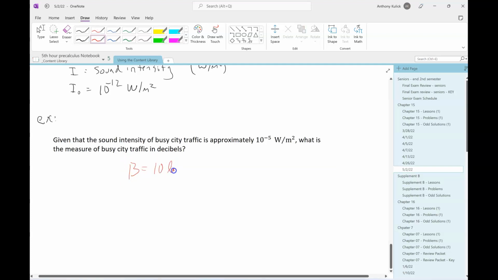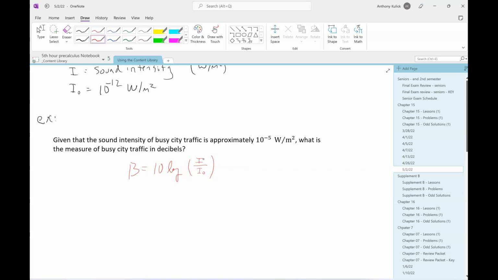Well, we're talking about sound, so right away I'm going to use my sound intensity formula.